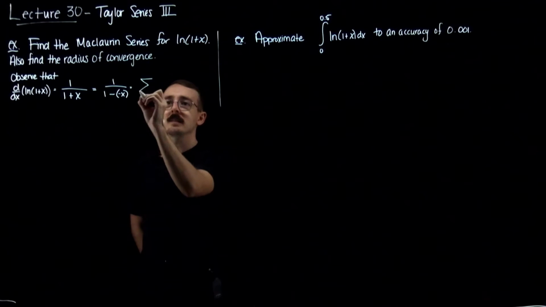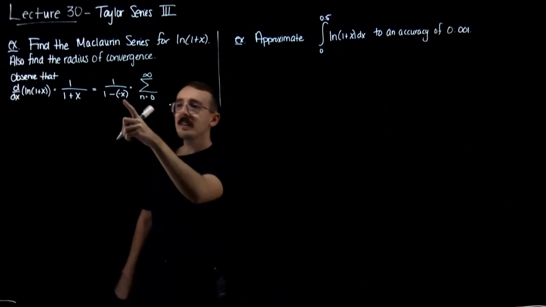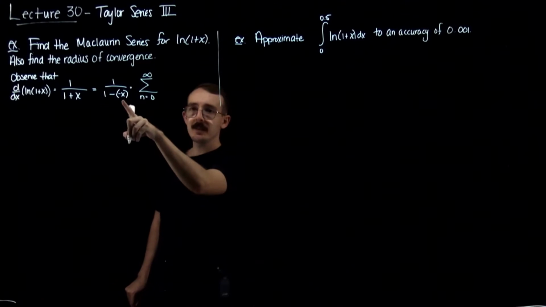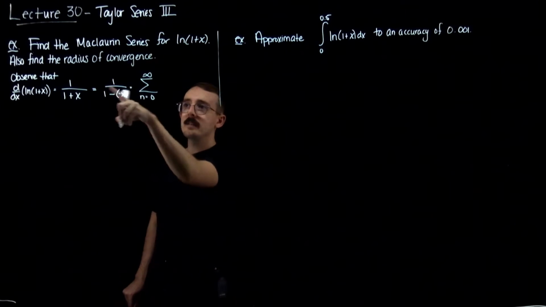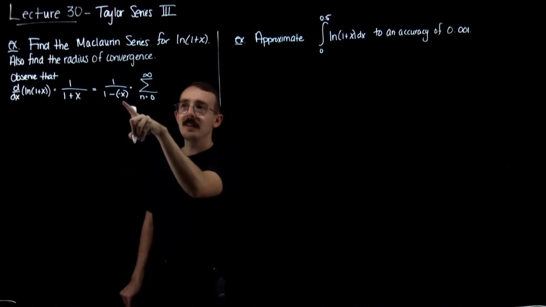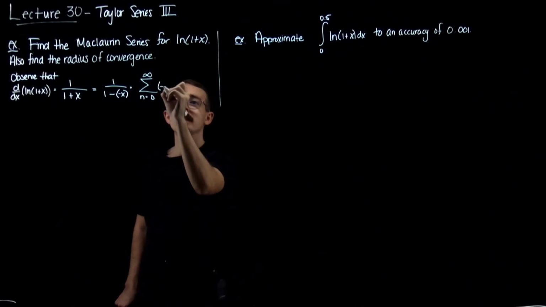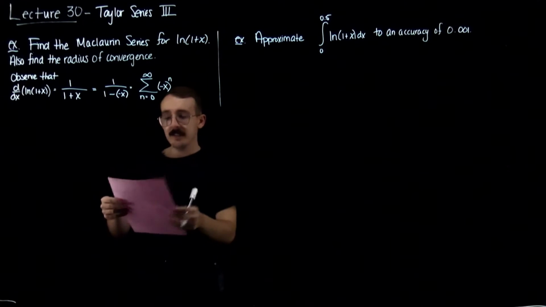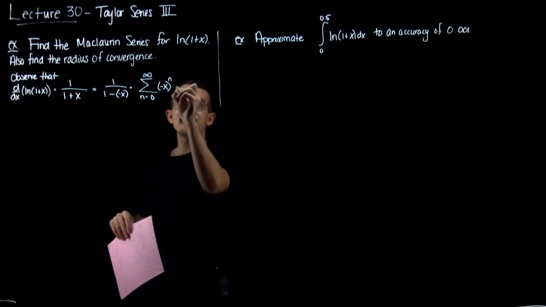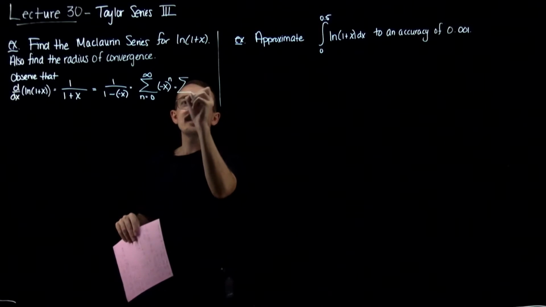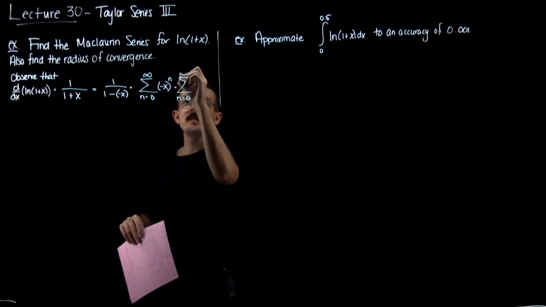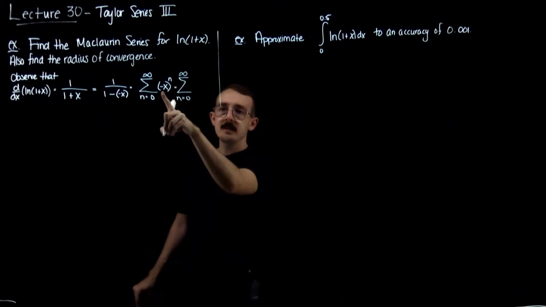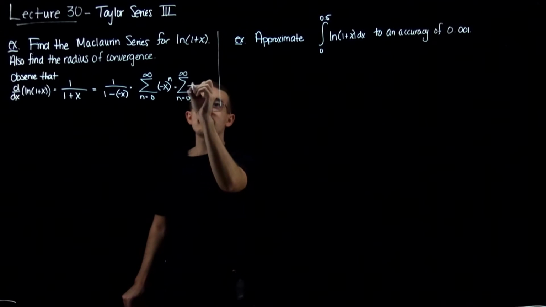So this is equal to the summation n equals 0 to infinity. And whatever you have here in parentheses, if you have 1 divided by 1 minus something, this something is going to be plugged in. So you have negative x to the nth power. And this is the same thing as having the summation n equals 0 to infinity, and instead of this negative sign being here, I'm going to bring it out front.